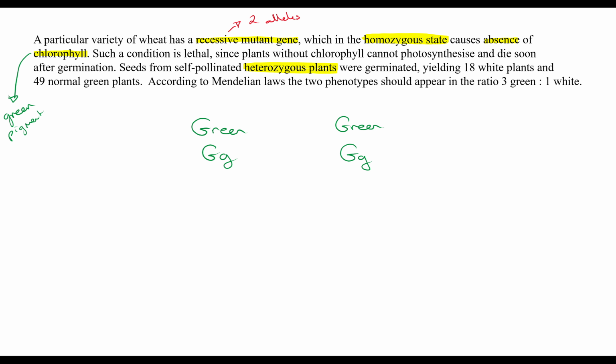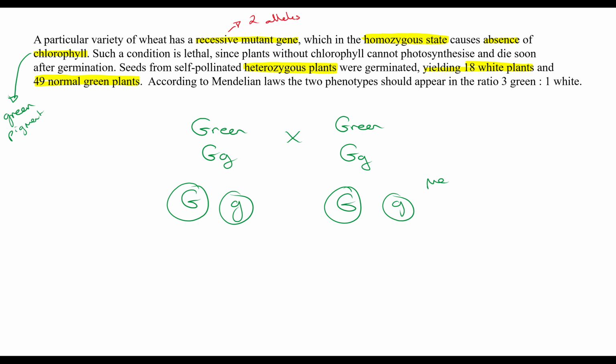Now I'm then told that they yield 18 white plants and 49 normal. So if I think about how this genetic cross would look, I know that the gametes will either have a capital G or a small g, capital G or a small g.